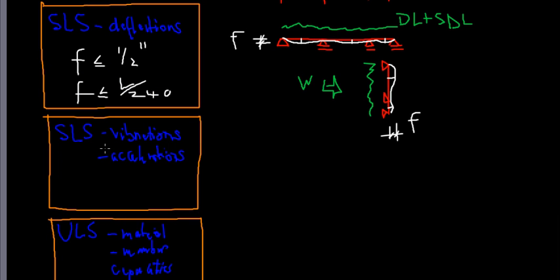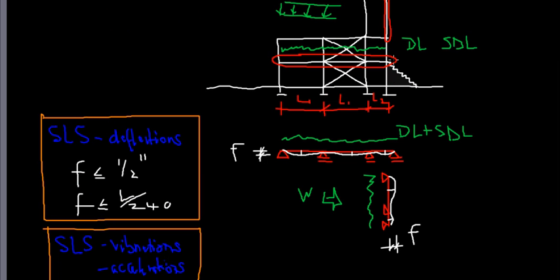Now, what are serviceability limit states when we look at vibrations or even accelerations? Well, think about a staircase where a person here is walking on, and I just draw this person here very diagrammatically. And even though the staircase isn't going to break or isn't going to statically deflect too much, there could still be this bouncing up and down effect. This long span structure may have a vibration problem.